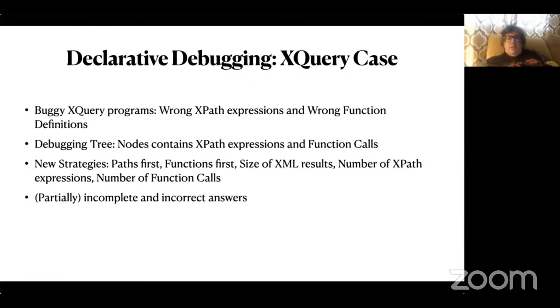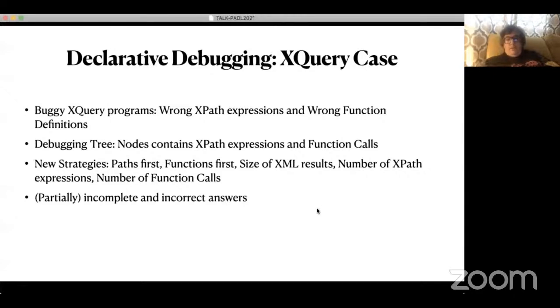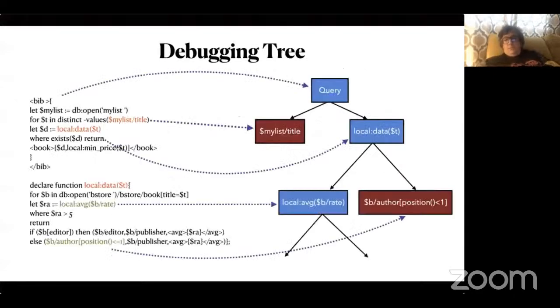Since XQuery programs work with sequences of XML trees, the definition of wrong programs has to take into account that answers can be incorrect, incomplete, but also partially incorrect or partially incomplete. Here, we can see how the debugging tree is built. The root is the query, and each path or function call generates a child.